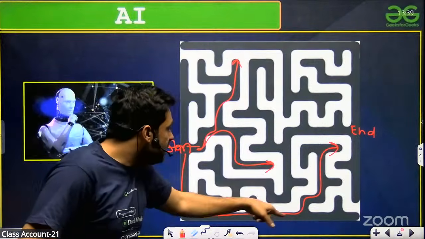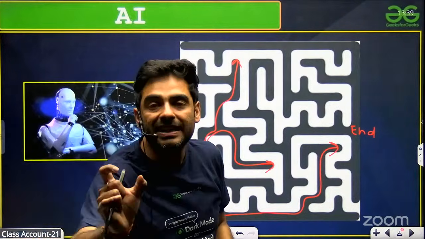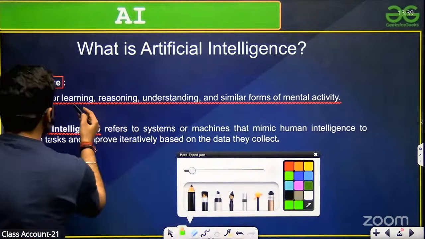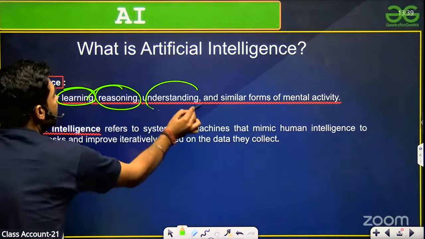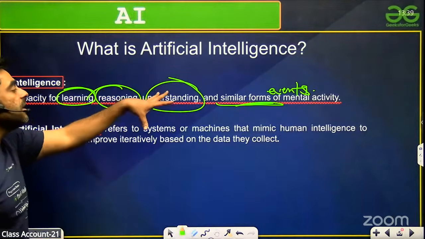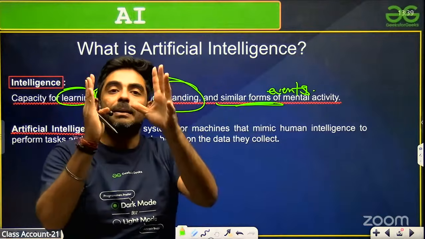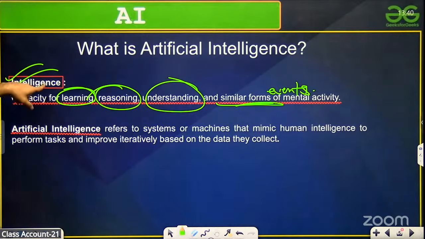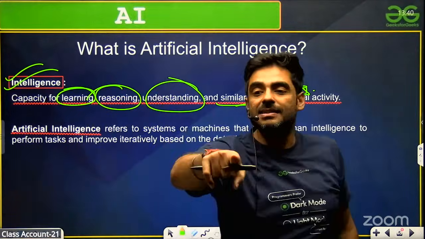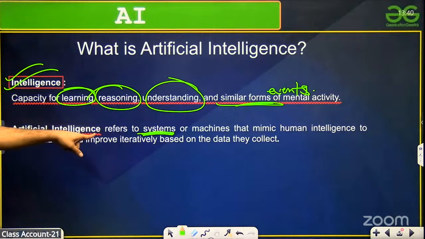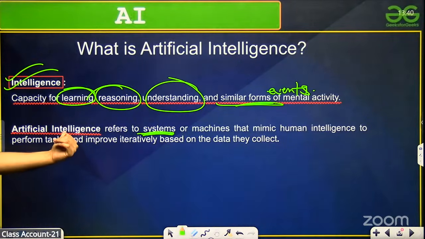So basically the mental activity includes learning, reasoning, understanding, and similar forms of events using which I can actually complete a task. Everything comes under the term intelligence. And when that is mimicked by a system, that is known as artificial intelligence.